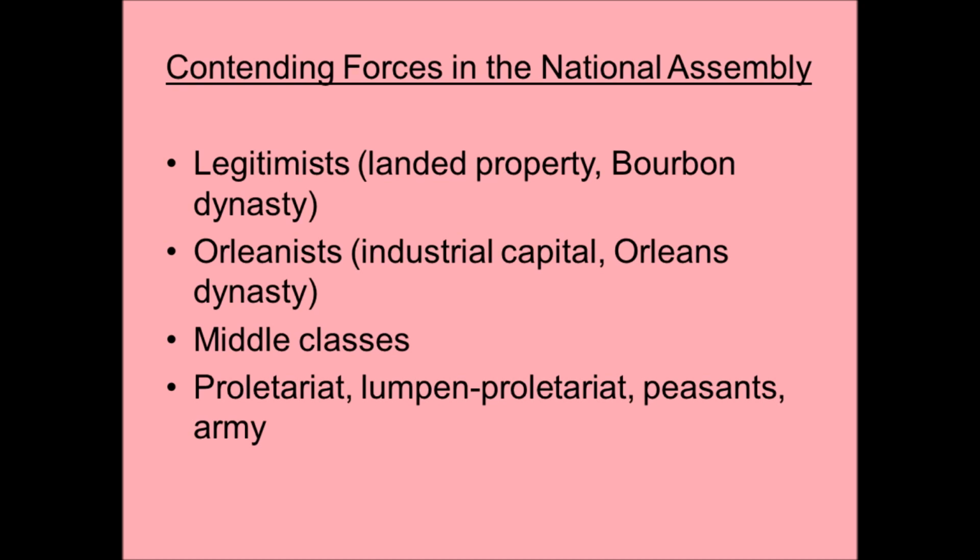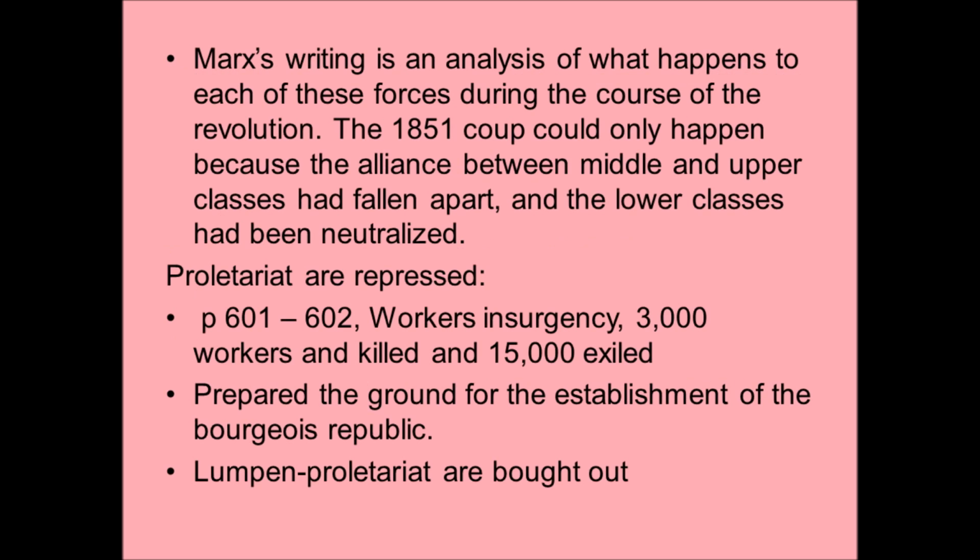There were the middle classes, and then there were the lower classes that consisted of the workers, the proletariat, and the Lumpenproletariat. This is a term that Marx uses to refer to those unemployed on the fringes of society, those excluded from the organized working class. There were also the peasants and the army. So Marx's writing is an analysis of what happens to each of these forces during the course of the revolution.